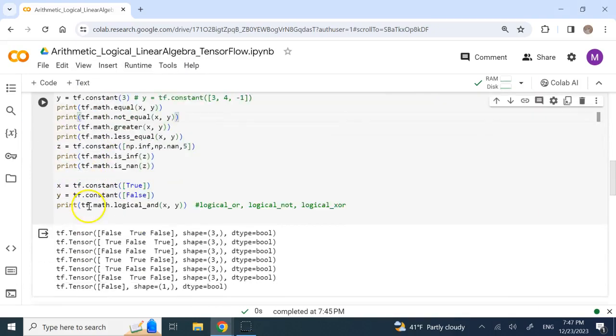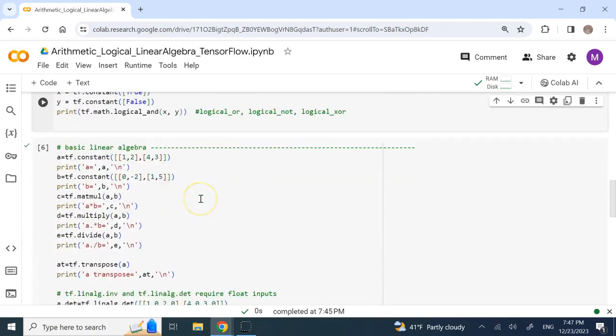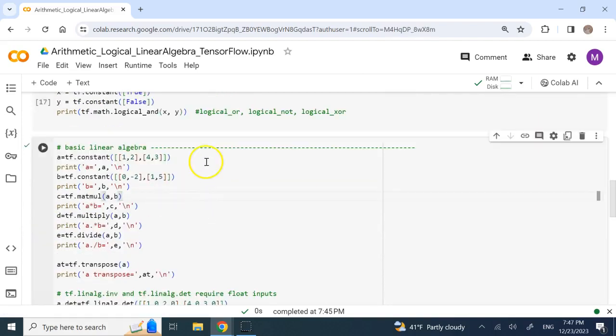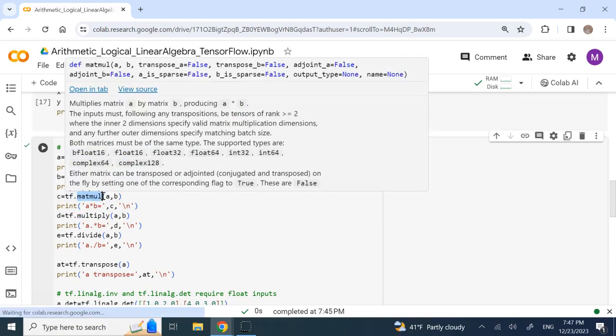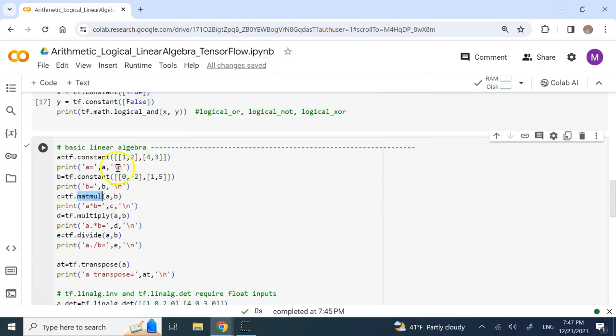And now that we have this part, let's go to linear algebra. So here I define a matrix A, and I show it, and another matrix B, and I show it. How can I multiply 2 matrices? I use the command tf.matmul. This is the matrix multiplication. Okay, so it multiplies the 2 matrices according to the formula we have for product of matrices.